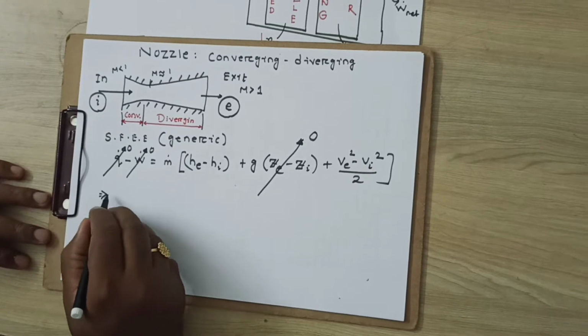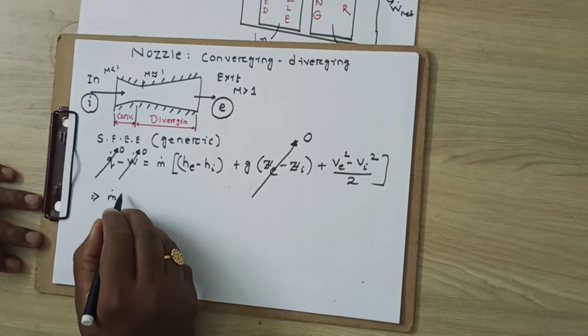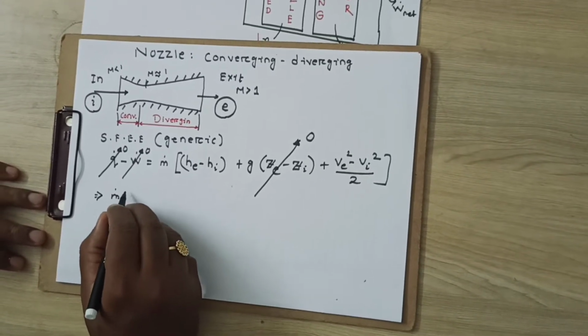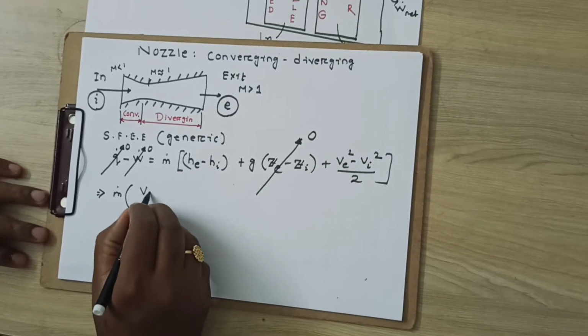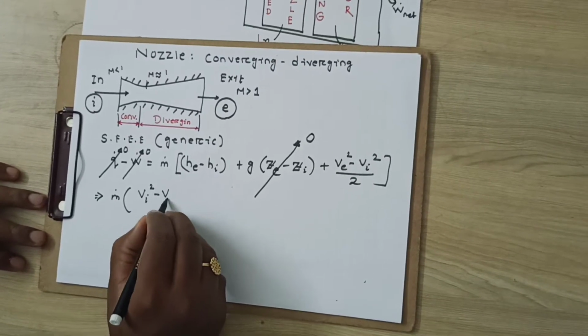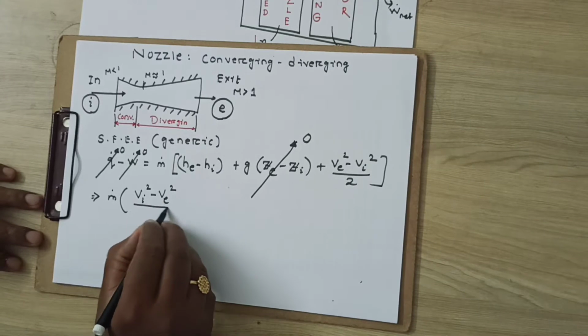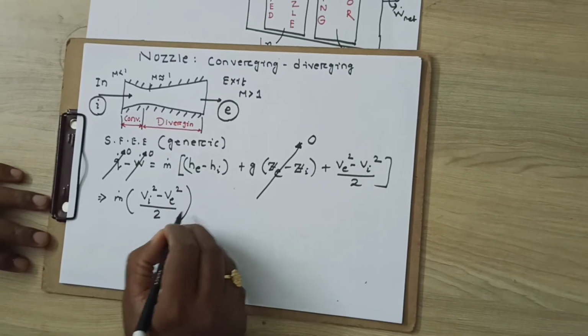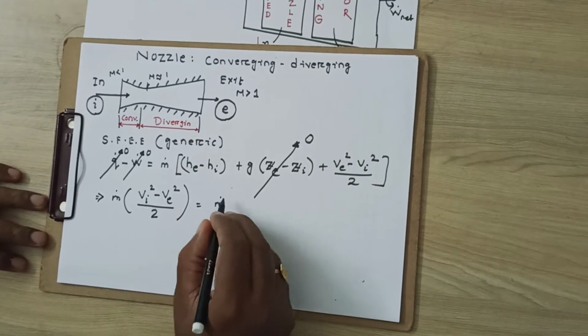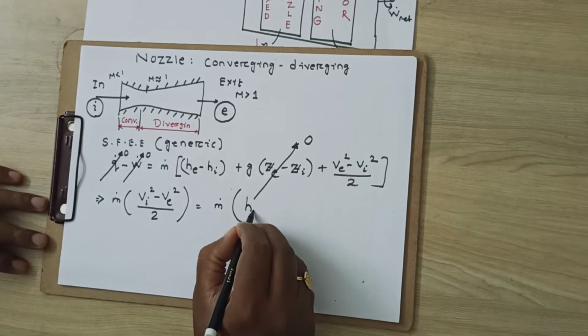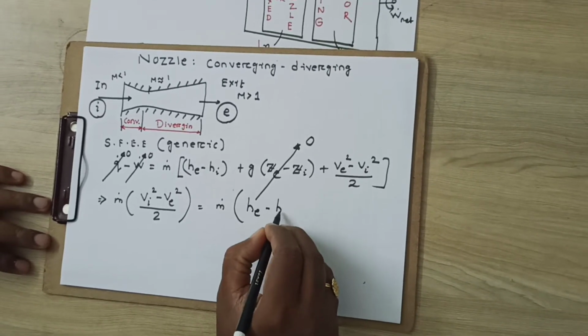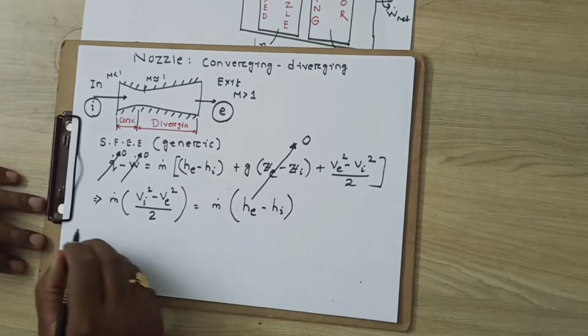So it will be like this: m dot times (Vi squared minus Ve squared) divided by 2 is equal to m dot times (he minus hi).